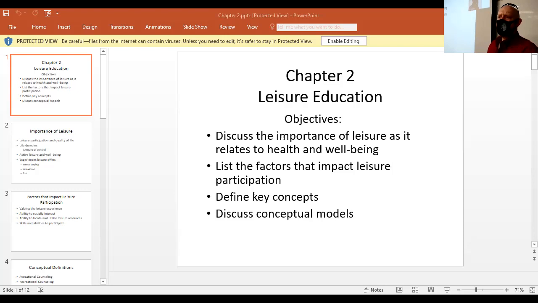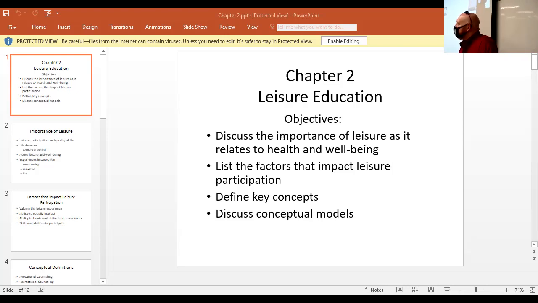This is where we're trying to help them to understand the importance of leisure. Now, the book goes into a lot more detail on this, but that's the bottom line on it.